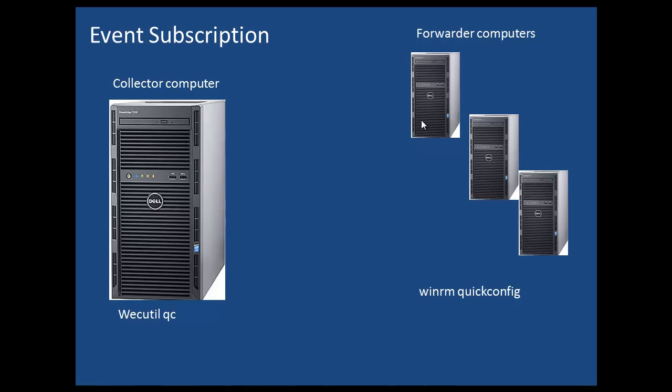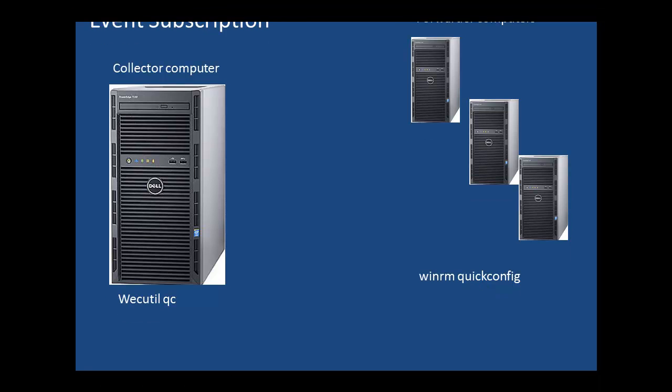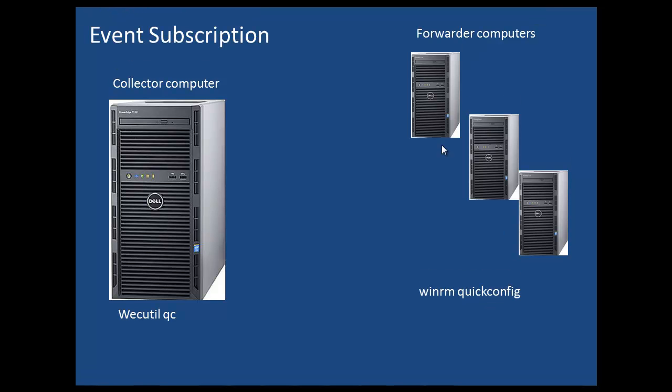On the source computer, the computer that has the events that we want to collect, we want to run the command winrm quickconfig. And we want to run the command at an elevated command prompt. This command is used to configure remote management. And then over to the left, on the collector computer, we want to type the command wecutil qc.